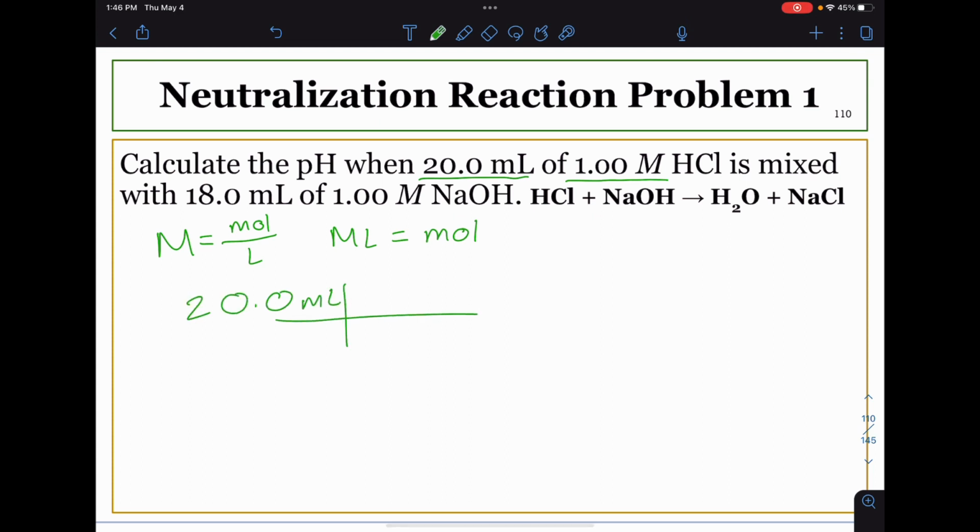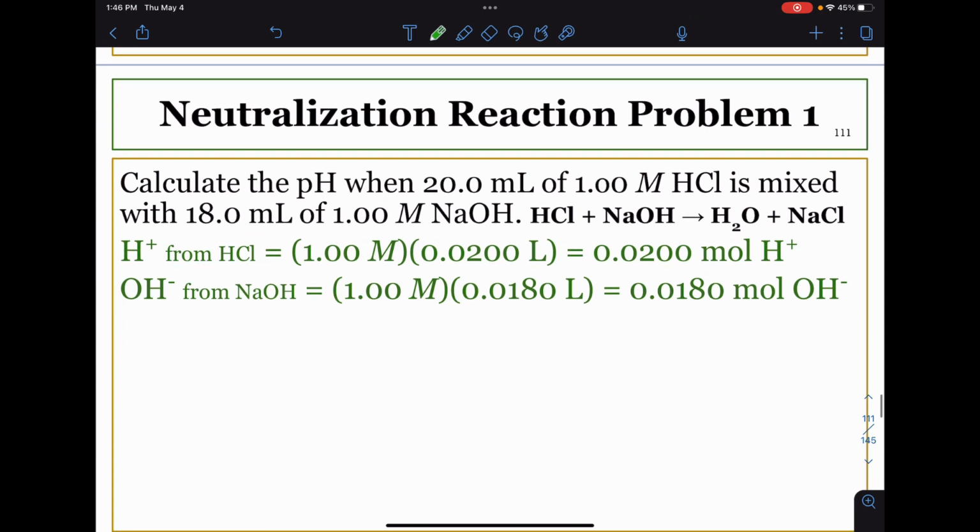There are 1,000 milliliters in 1 liter. So this leaves us with 0.0200 liters. And then also we've got 1 molarity of HCl. So when we multiply these together, we're going to get 0.02 moles of the hydrogen ion.